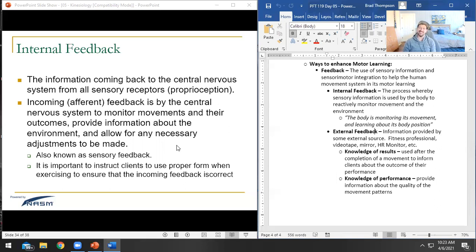But external feedback is like a heart rate monitor saying, hey, you can push a little harder, you got more in the tank, right? But there's also the trainer, right? Saying, hey, really good squats there. I love how you're tracking your knees over your toes, right? That's external feedback.